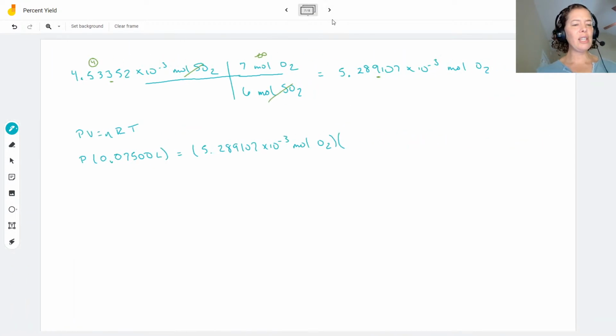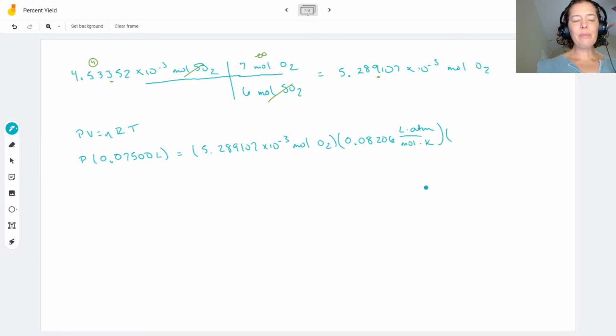But just to change things up, let's predict this pressure in atmospheres just so we practice using a different R value. So this is going to come out in atmospheres, which means I want this value of R. That is liters atmosphere over mole K. This is the value of R that you're probably most familiar with, that you see most often.